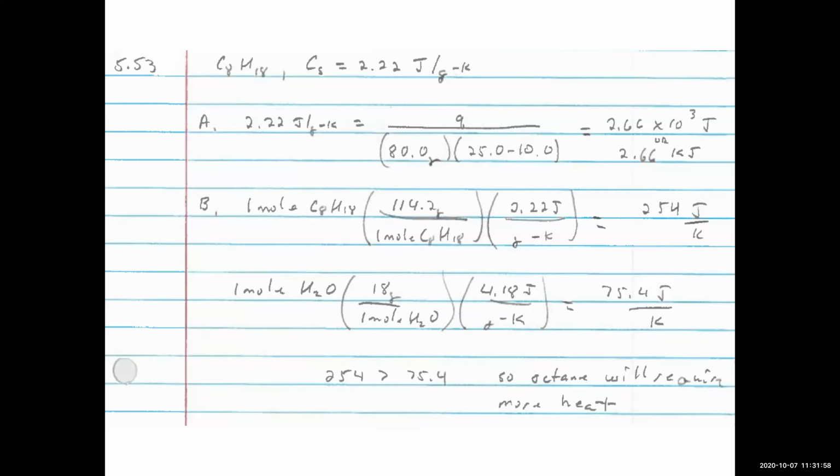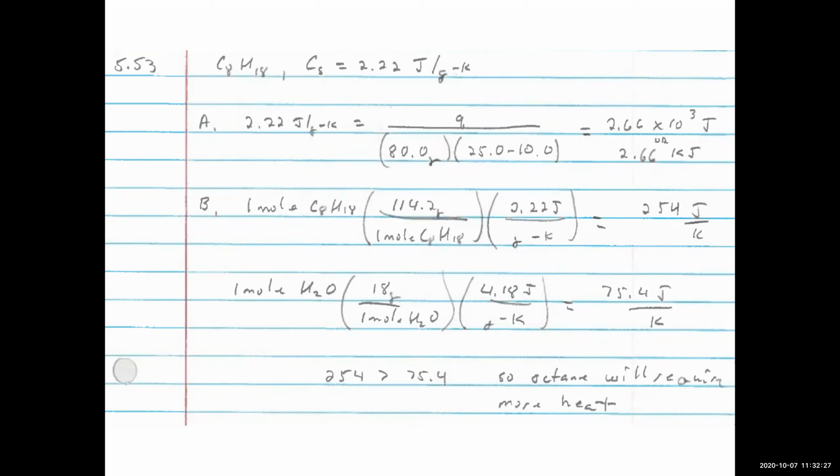So we have moles, we'll need to get that into grams because our constant was joules per gram Kelvin. So the molecular weight of octane would be 8 times 12 plus 18 times 1. So that comes out to 114. And then we multiply that by the Cs value of 2.22 to get 254 joules per Kelvin.